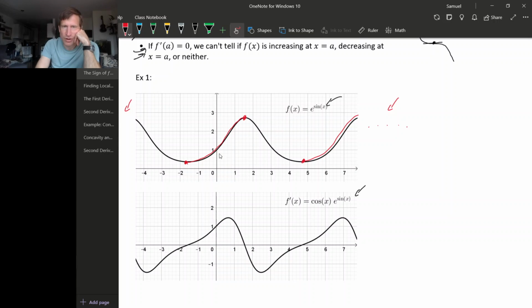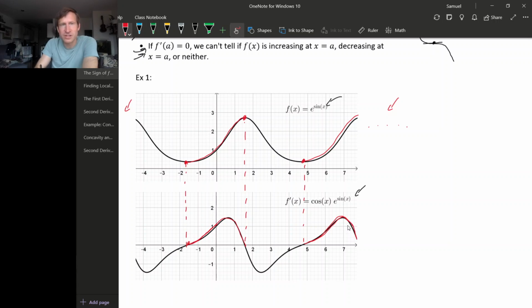All right, so on these spots where f is increasing, we expect its derivative to be positive. So let's look at the corresponding x values on the graph of the derivative of f. So sure enough, for these x values where the original function was increasing, the derivative is positive. That is, it's above the x-axis. And same here.